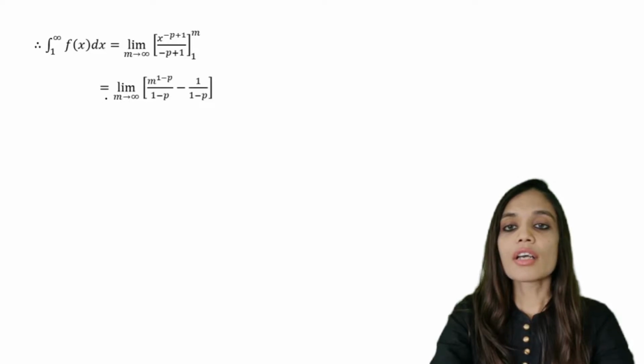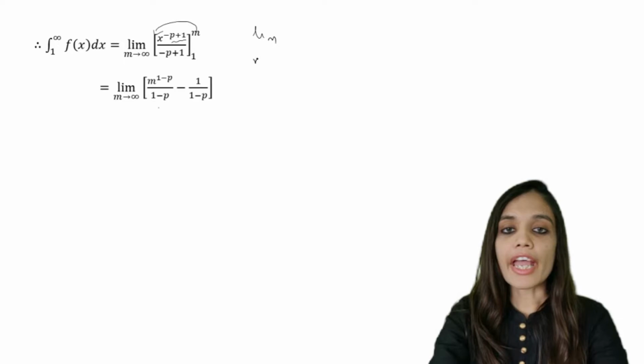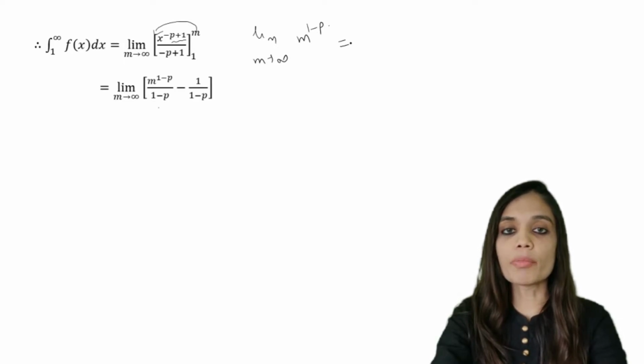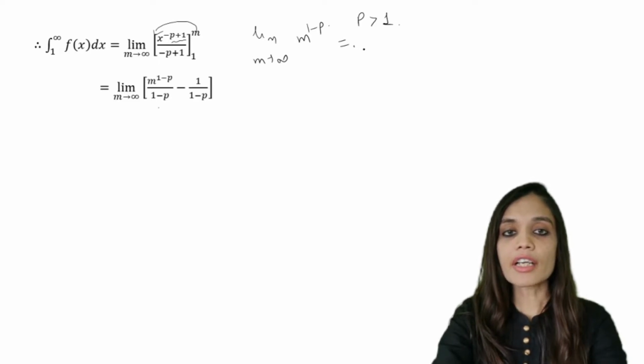Now let us put the limits. So you will get limit m tends to infinity, firstly put m in place of x, so you will get m raised to 1 minus p upon 1 minus p, minus, now put x equal to 1, so you will get 1 upon 1 minus p. Now limit m tends to infinity of m raised to 1 minus p: suppose we take p greater than 1, that is, suppose we take p equal to 2.